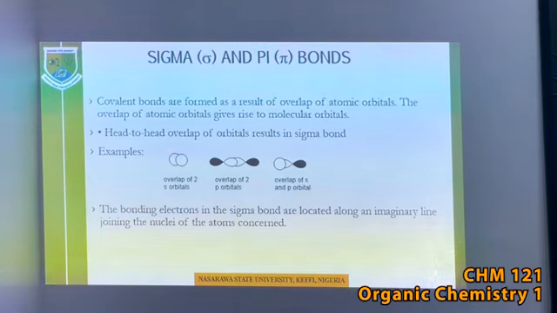So you can see two s orbitals overlapping, two p orbitals overlapping, or one s and one p orbital overlapping. Okay? So the bonding electrons in the sigma bond are located along an imaginary line joining the nuclei of the two atoms, somewhere in between this nucleus and that nucleus.